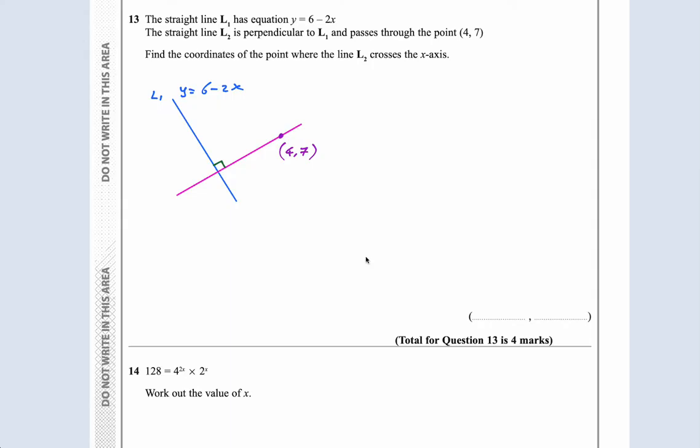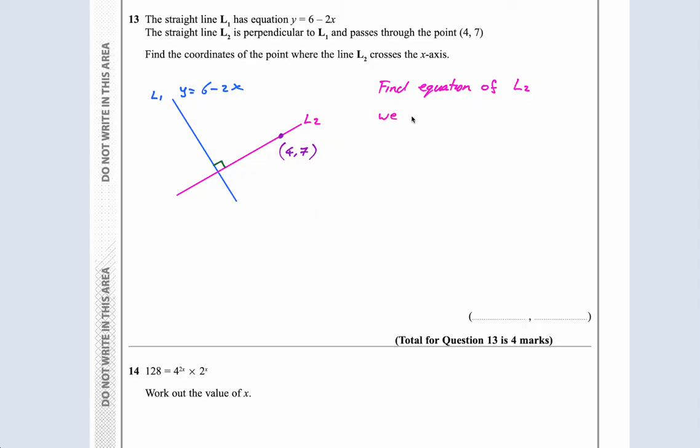So what do we do? And this, by the way, is L2. I want to find the equation of L2. To find the equation of L2, okay, let's write this down. Find the equation of L2.